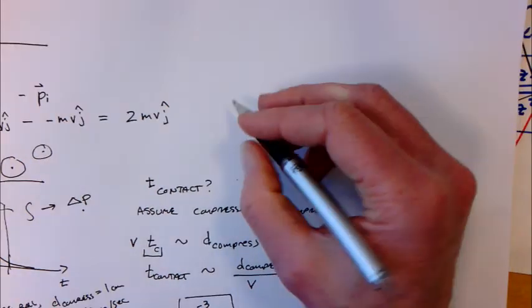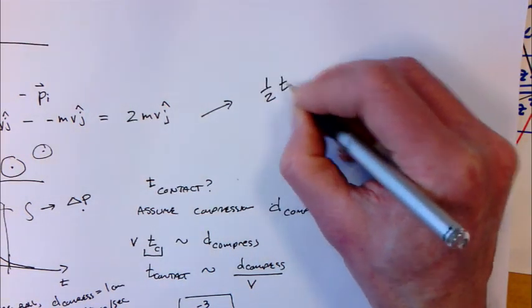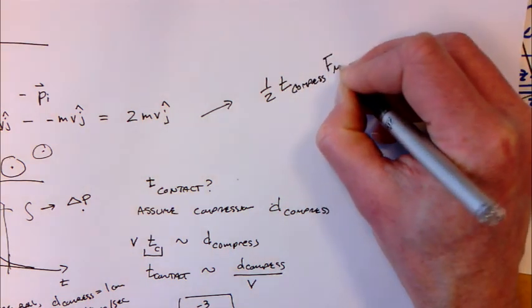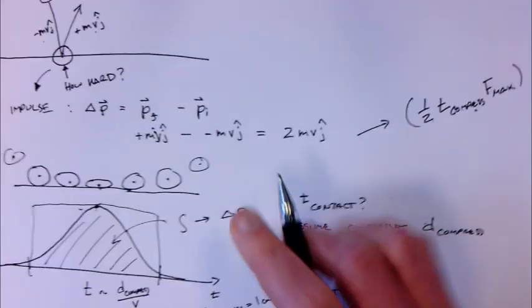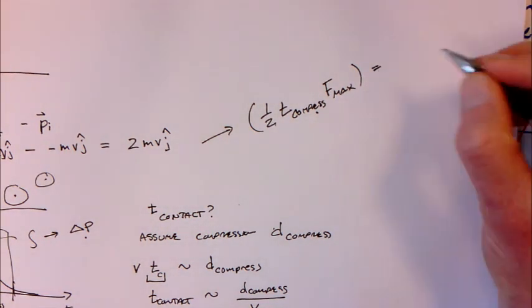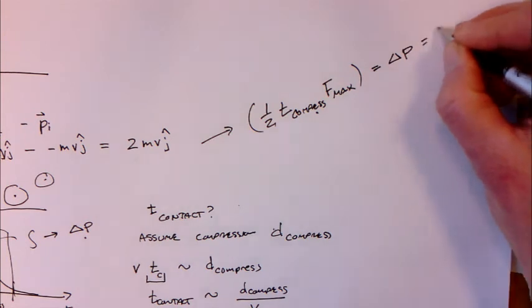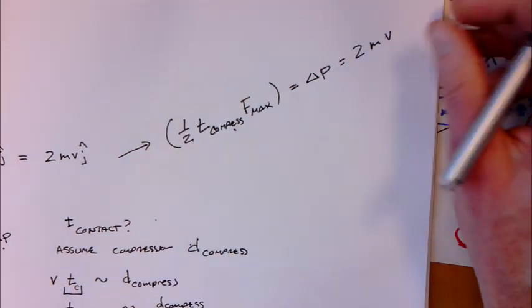So let's say it's 1/2: 1/2 of the time of compression times the maximum force is my estimate for this impulse. It has to be equal to the change of momentum, which is 2 times the mass times the speed of the ball when it's coming in.